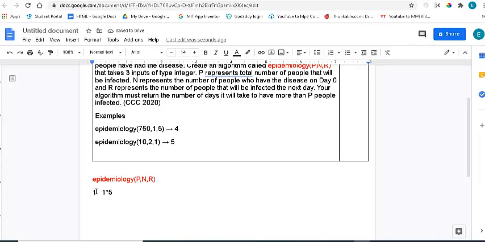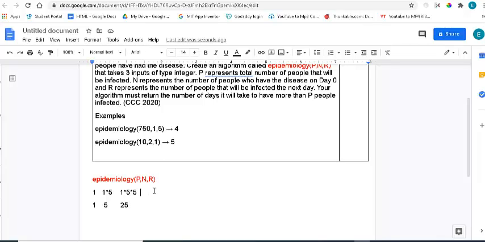This person cannot infect anymore, but these can infect 5 more people each, so the number of infections is 1 times 5 times 5. If I write it at the bottom, this is 1, this is 5, this is 25. If you add them, 25 plus 5 is 30, plus 1 is 31.